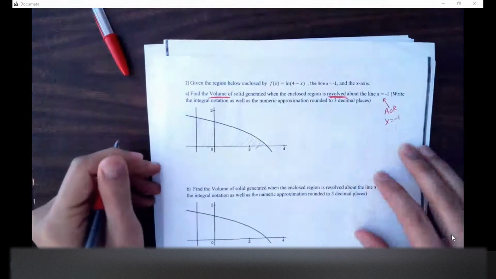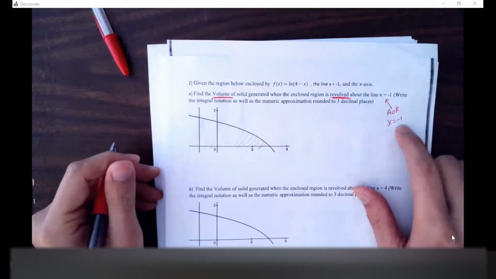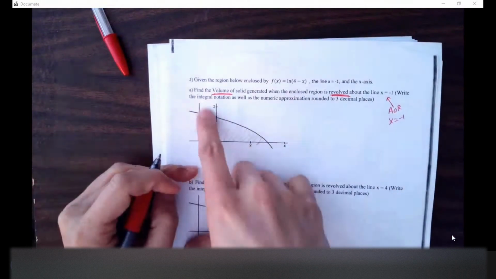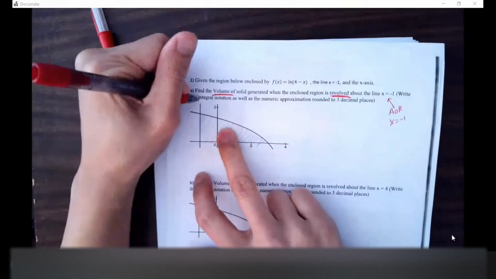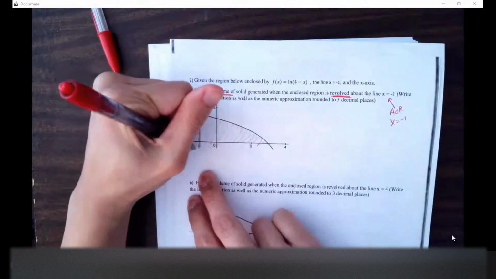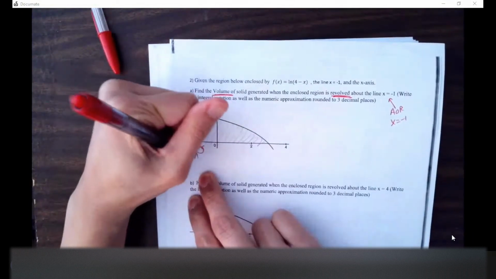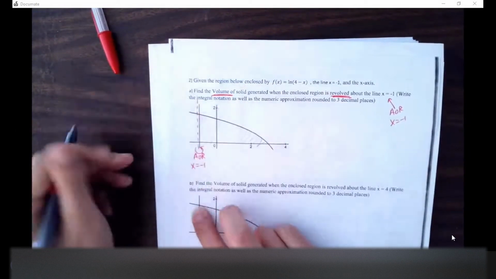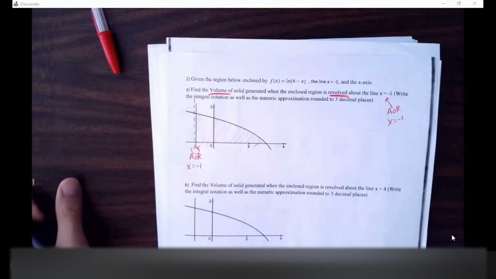All right, so we know that once we draw this axis, we should be able to tell whether we're dealing with a disk or a washer method. So x equals -1. Here's -1. What can we conclude here?